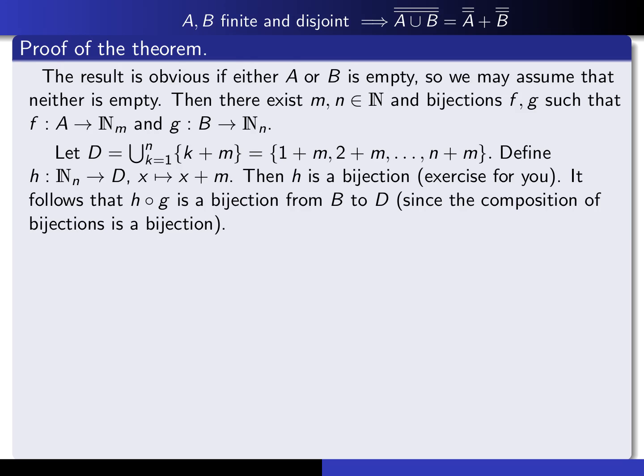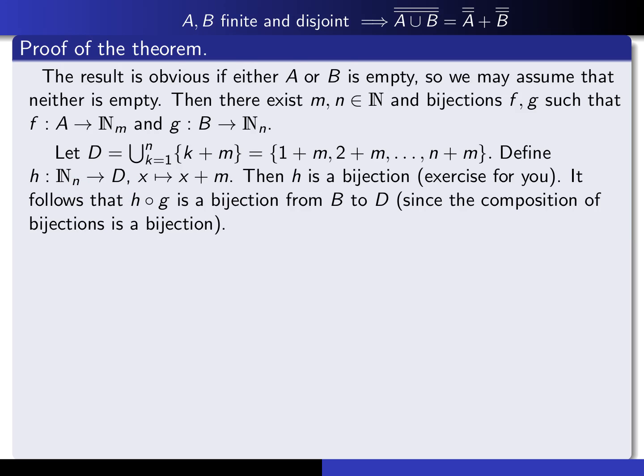Then this set and N sub n have exactly the same cardinality, because we can define the following function h from N sub n into this set D by x maps to x plus m. It's an easy exercise for you to show that constant translation is a bijection, and so that shows that D and N sub n have the same cardinality.